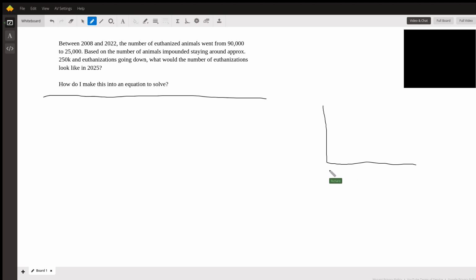This is years beyond 2008. It's traditional to make 2008 the 0 on the x-axis, and then of course the y-axis is going to be euthanized animals.